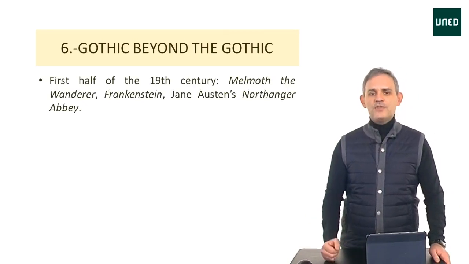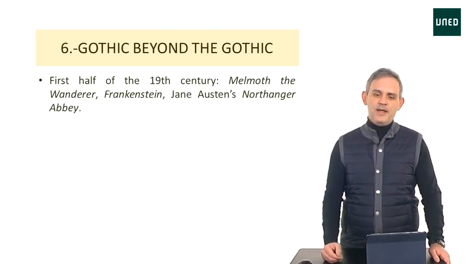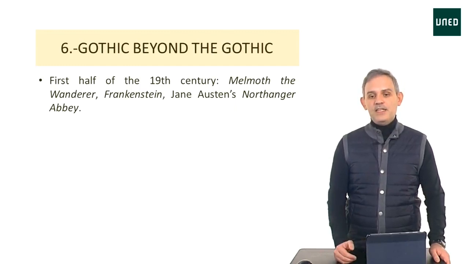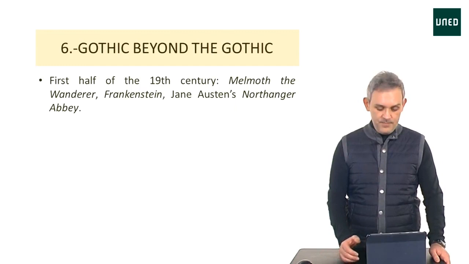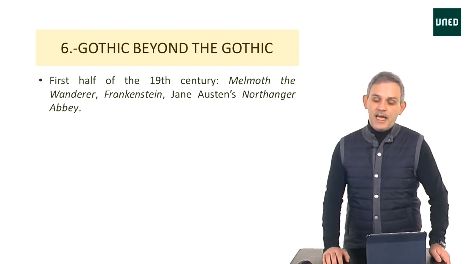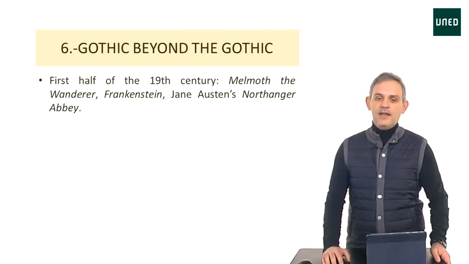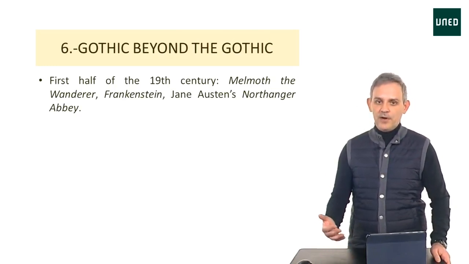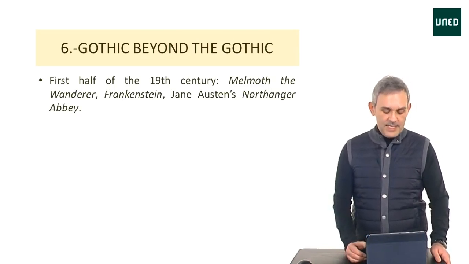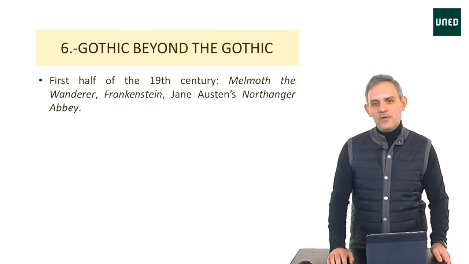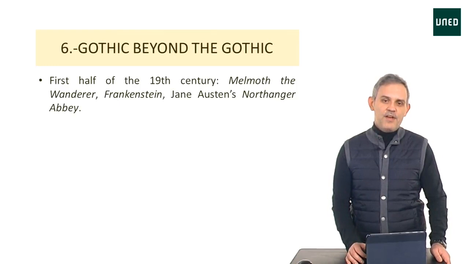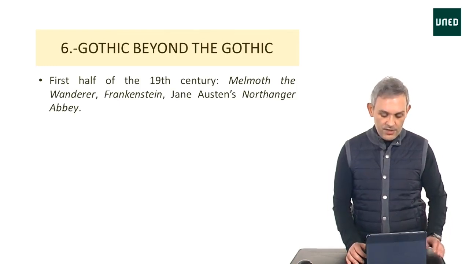It develops into something different with Frankenstein, and it is parodied in Jane Austen's Northanger Abbey, published in 1818. Northanger Abbey is interesting because of its parodic intention, and the protagonist, Catherine Morland, is a quixotic young girl who is strongly influenced by her obsessive reading of Gothic novels.